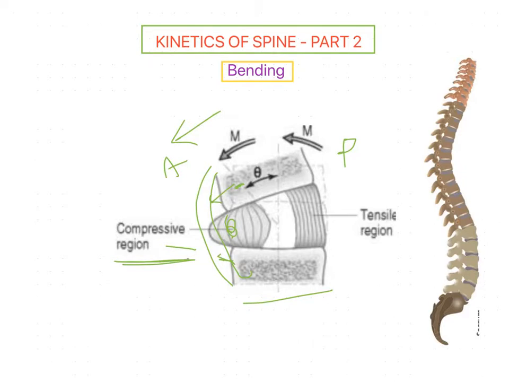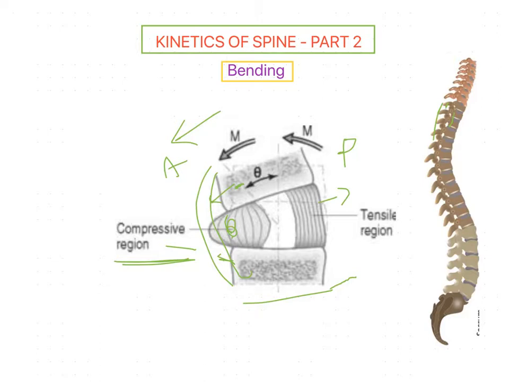If you see the posterior aspect, the posterior structures are subjected to tension. That means the posterior annulus fibrosus, the posterior longitudinal ligament, the supraspinous ligaments and interspinous ligaments.